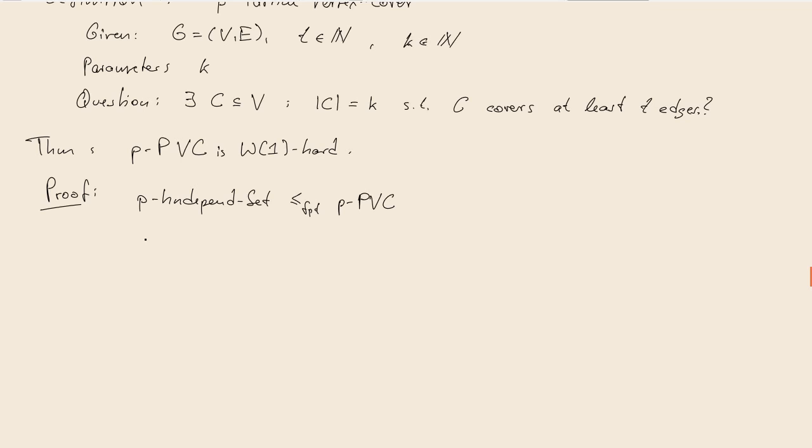So the reduction takes the input of independent set, which is a graph, and the number k of vertices we want to have in the independent set. And now we construct a new graph that has a few more vertices and edges.